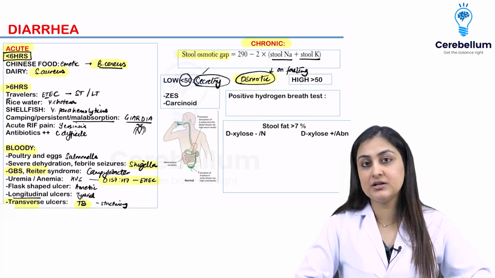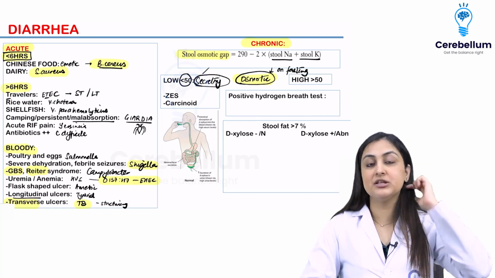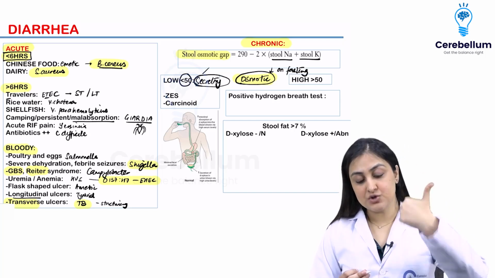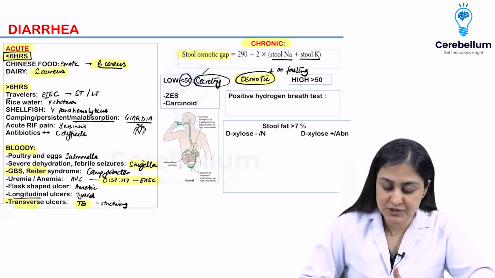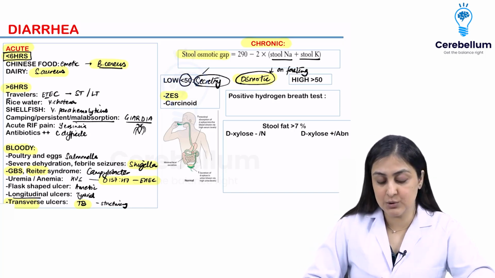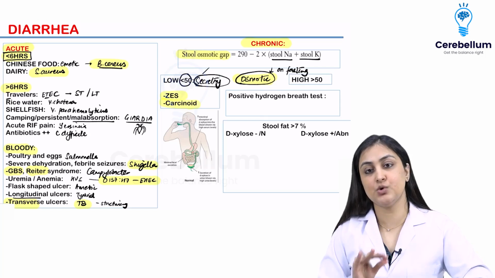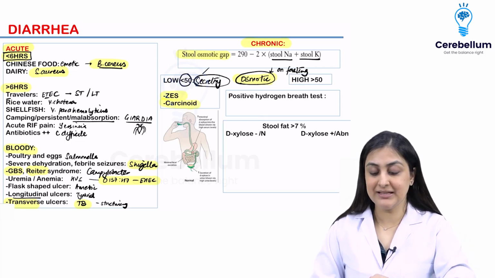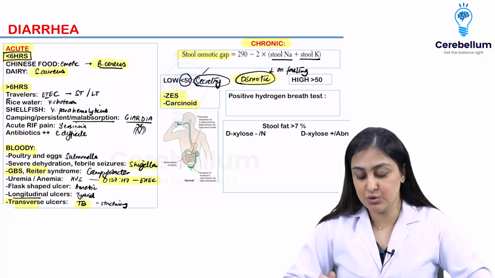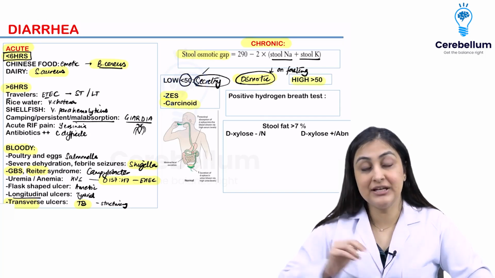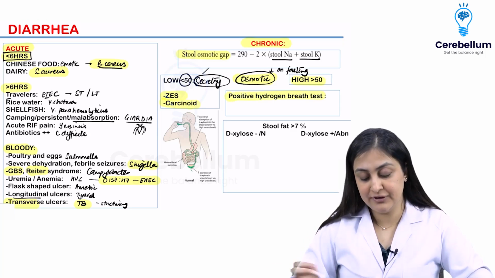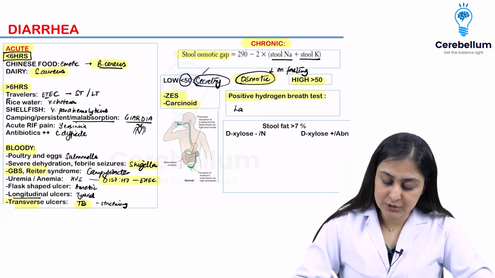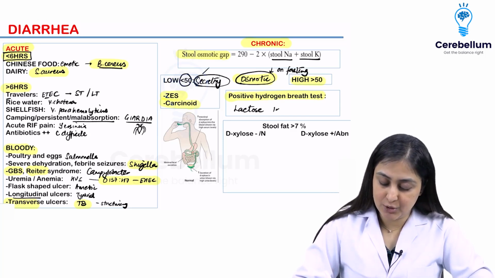So these are two methods: one, stool osmotic gap; other, they could mention in the history about fasting and the change, okay. So if it is secretory diarrhea, two causes would be Zollinger-Ellison syndrome and carcinoid syndrome. These are two causes of chronic secretory diarrhea. Coming to the most important part, that is osmotic diarrhea. The stool osmotic gap is high. So here the approach would be, first off, if they're talking about a positive hydrogen breath test, what you want to rule out is lactose intolerance.